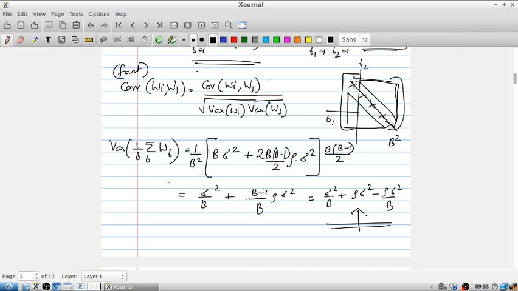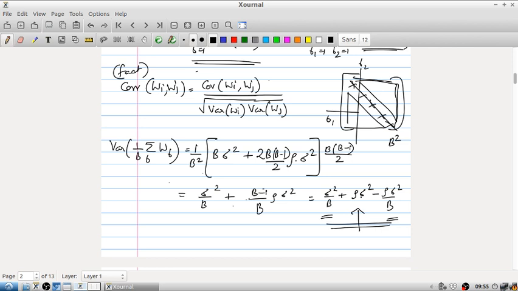If you have b equal to 1000, there is some variance reduction happening because of these terms, but there is a term which doesn't depend on b, and that depends on the correlation between the random variables.